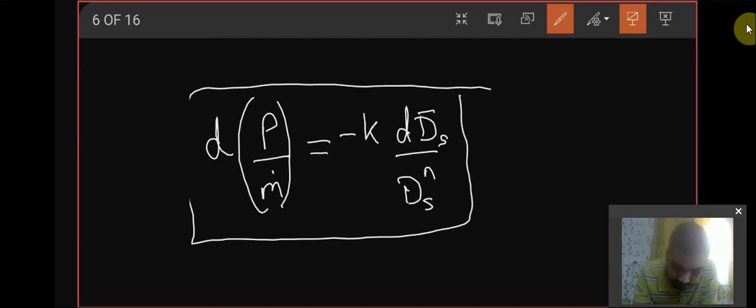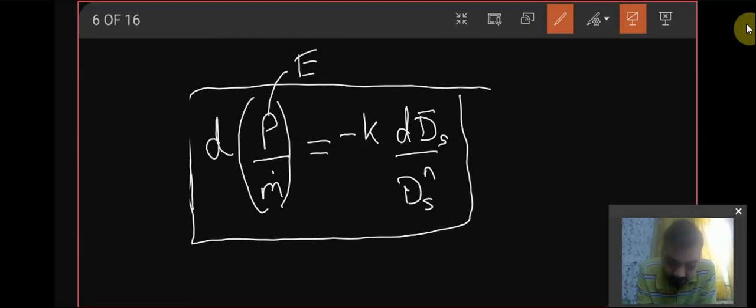This is the general equation for deriving all those three laws. You should note down this equation as well. P by m dot is nothing but the energy, and by doing integration we can find all those three laws.